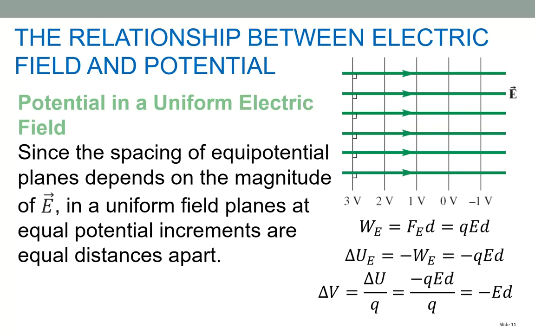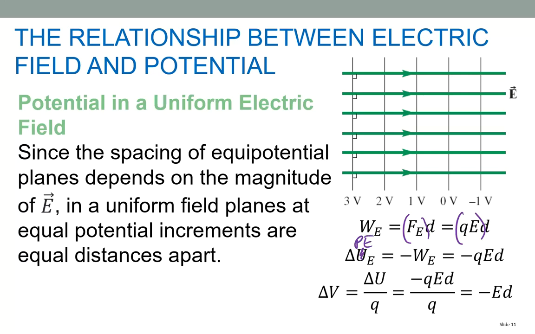That's uniform. If you move from here to here, then the work done by the electric field is the force. Well, force is the electric field multiplied by charge. So the work is force times distance, but force is QE times the distance I moved. And since potential energy, I used U here for potential energy, I probably should have used PE.